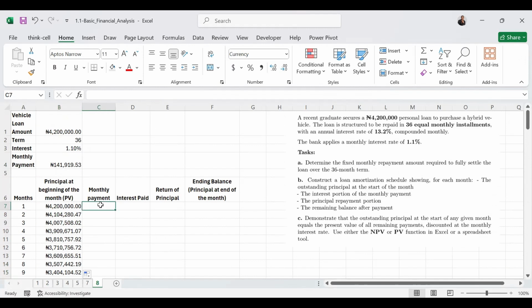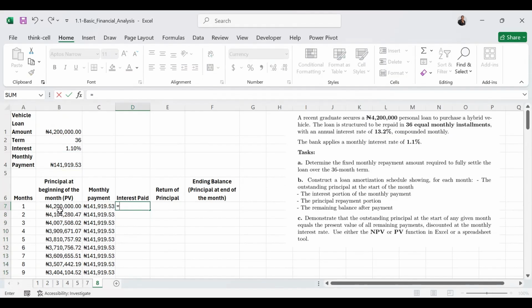Now, for our monthly payment, we are going to be using an absolute value for this B4. So we enter B4 and we make it absolute. Then I copy down. And then my interest paid will be this principal multiplied by my interest rate.